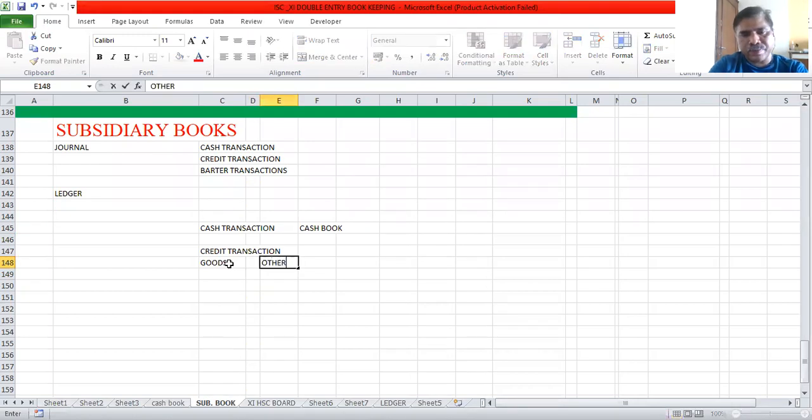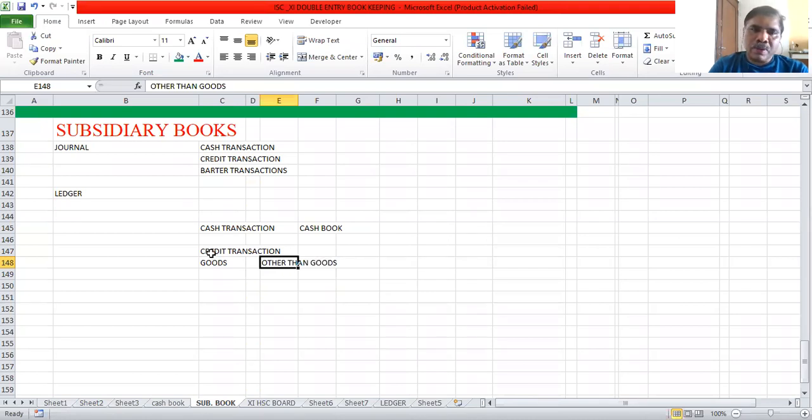For credit transactions of goods, a separate book will be made. And for all other credit transactions apart from goods, related to assets, transfers and anything else, even in the case of barter transactions, we have one more book.